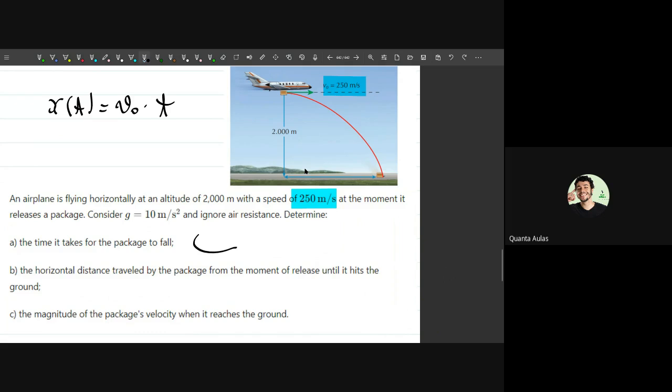Our initial velocity in y is 0 because the package was released. If the package was released, it is not launched. So the velocity is 0 in y, but in x, it's 250.